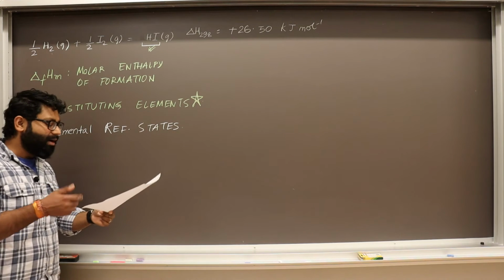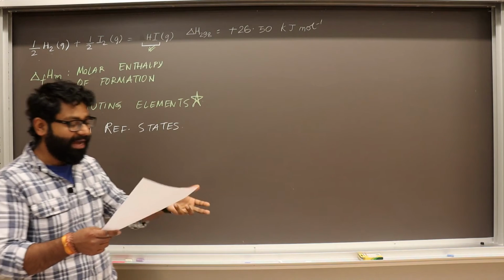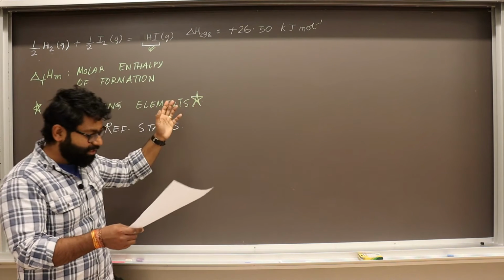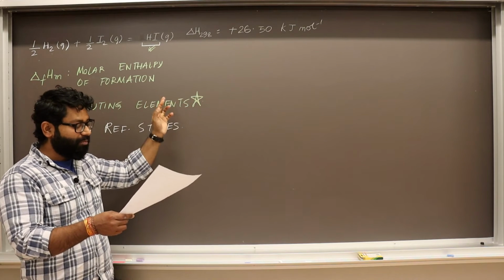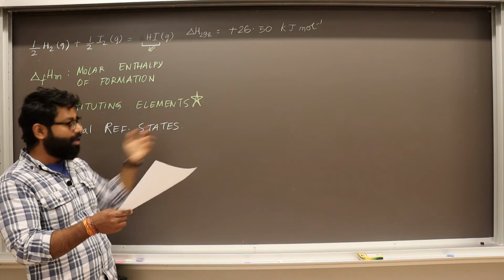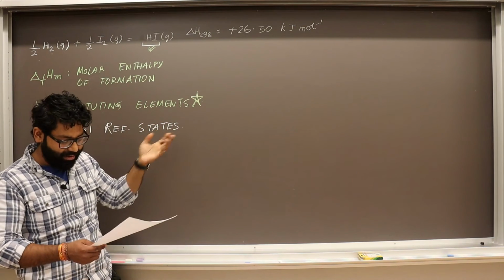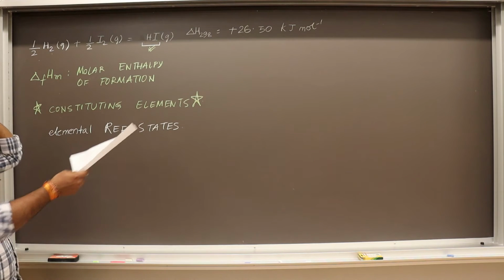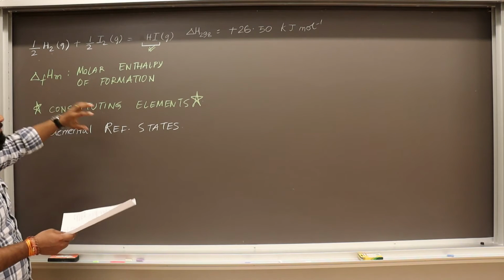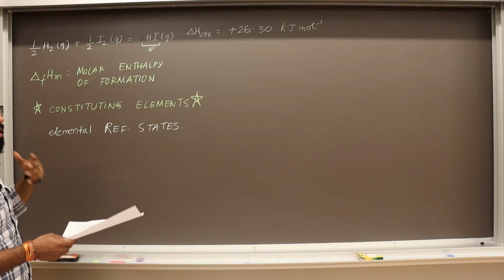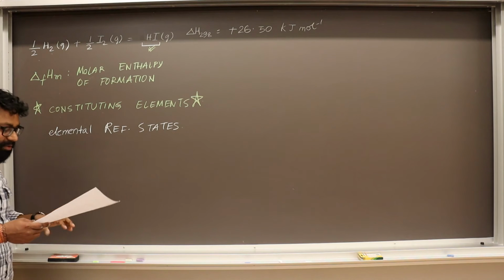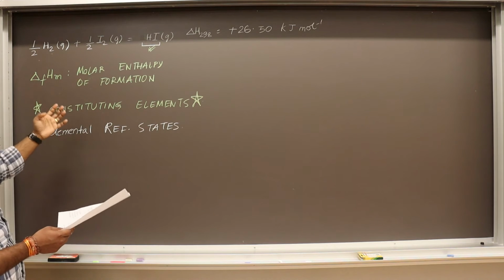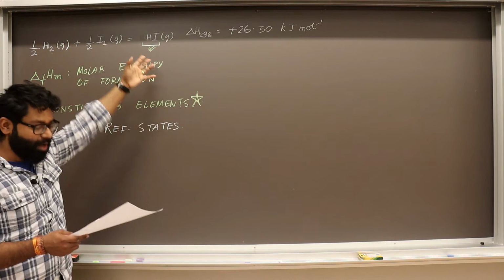The molar enthalpy of formation is defined as the delta H of the reaction for the formation of 1 mole of a compound from its constituting elements. This is a pretty simple concept, similar to what we saw for the molar enthalpy of combustion.